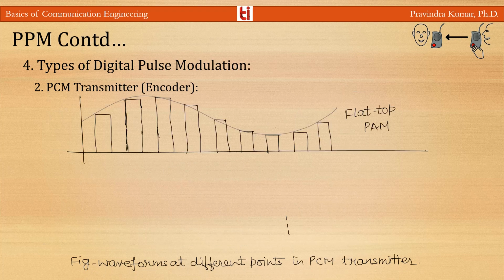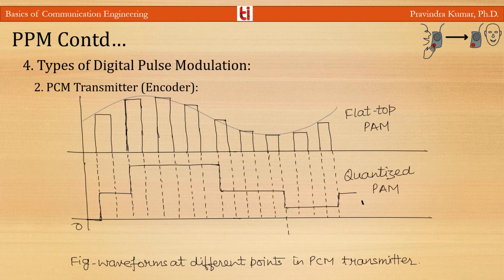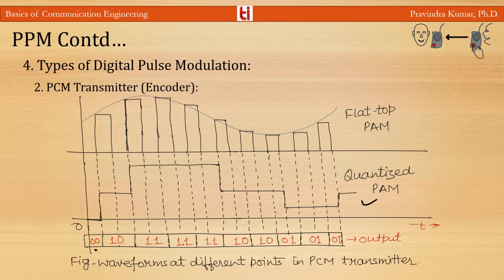And after quantization we will get this type of quantized PAM signal, and at the output we will get the signal in digital form, 010 form. So this is from the transmitter end, and we can generate the PCM, pulse code modulation, signal where the signal is in digital form.